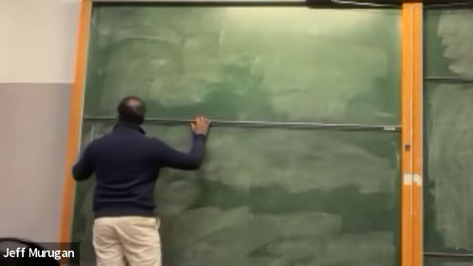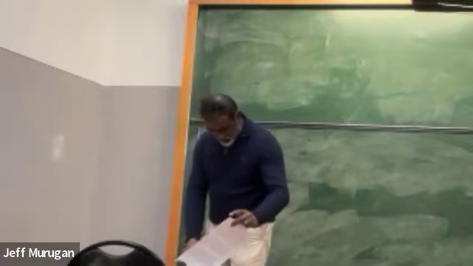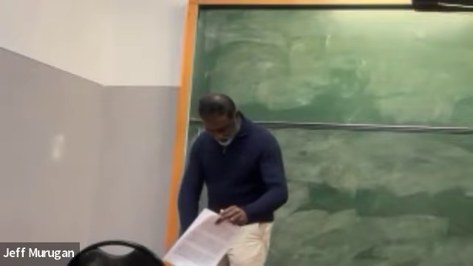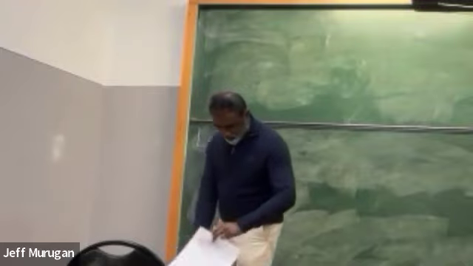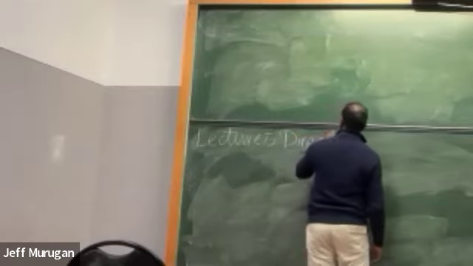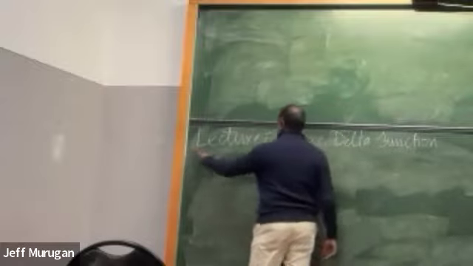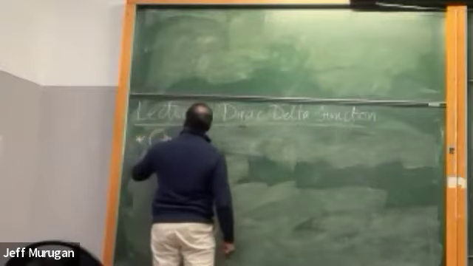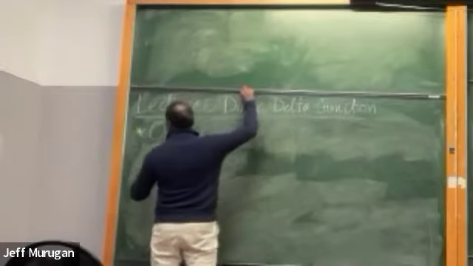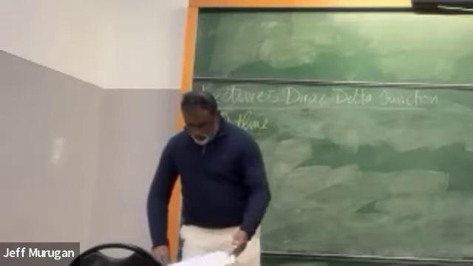Okay. So there's five. They're going to do basically one thing, which is to go from discrete indices to continuous indices.